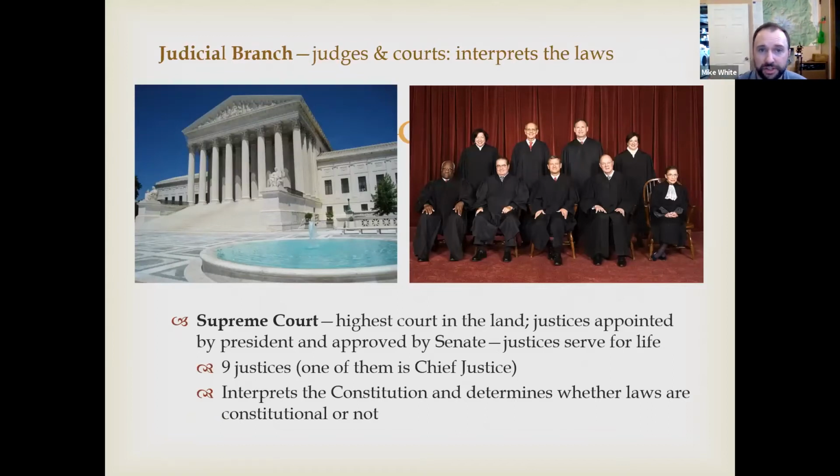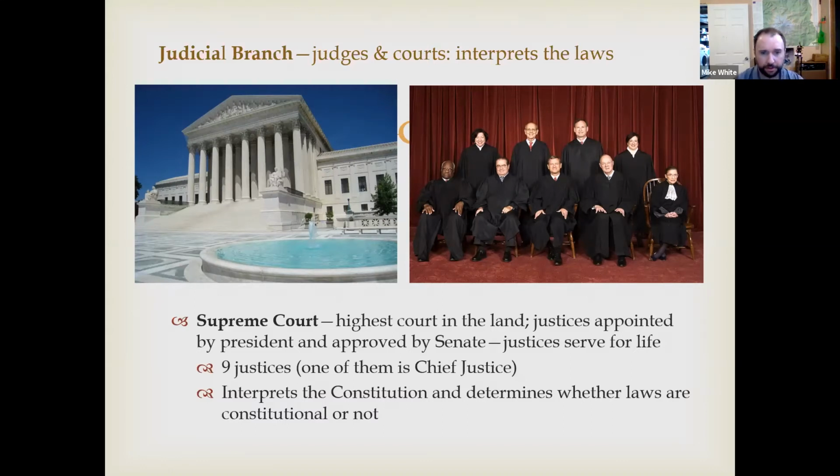So the judicial branch is, again, the Supreme Court and the entire federal court system, and they interpret the laws. The Supreme Court is the highest court in the land, and these justices are appointed by the president, and again, they have to be approved by the Senate with a majority vote. And justices on the Supreme Court serve a lifetime, so they can choose to retire, but ultimately they can serve as long as they want, or are able to.